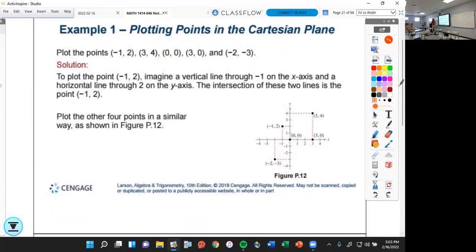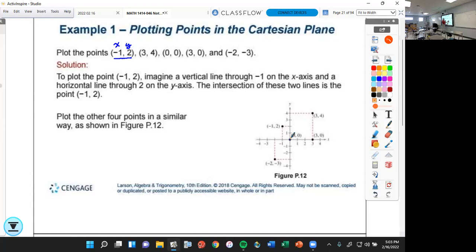They're actually all plotted on the graph, but I'm going to walk through a couple of them. Starting with the first point. The first point is located at -1, 2. So again, remember the first number is the x value, and the second number is the y value. So I'm going to go to the origin, which is where the x and the y-axis cross, and I'm at 0, 0 right now.